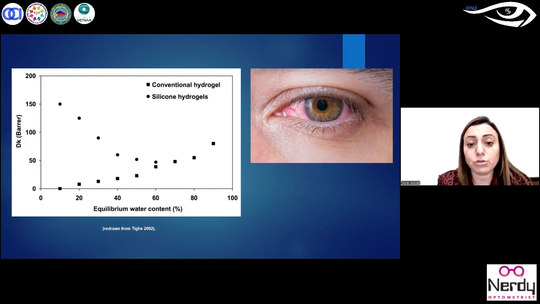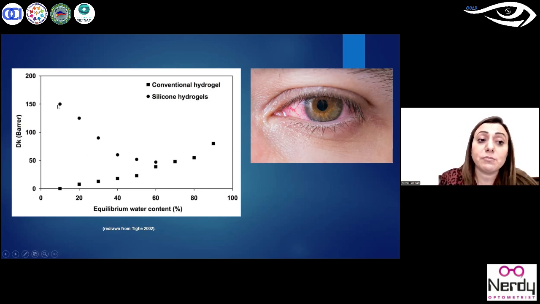And also, we can't make a hydrogel lens with this amount of equilibrium water content. It's impossible from the manufacturing and the clinical performance point of view, because this lens will be very difficult to handle. This lens needs to be very, very thin, and we can't do this much water with thin lenses.